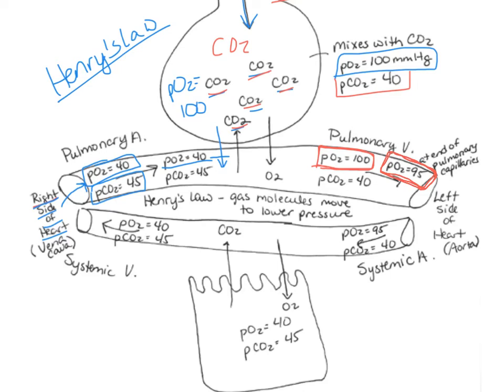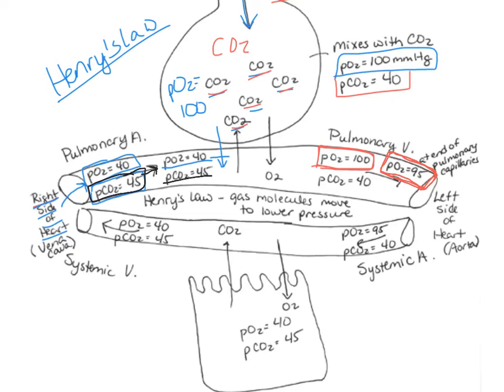All right. If we look at carbon dioxide then, the carbon dioxide levels are higher in the pulmonary artery. They're coming from the tissues, where tissues just created a bunch of CO2 and then dumped it into the blood. So now the CO2 is coming back to the alveolus.